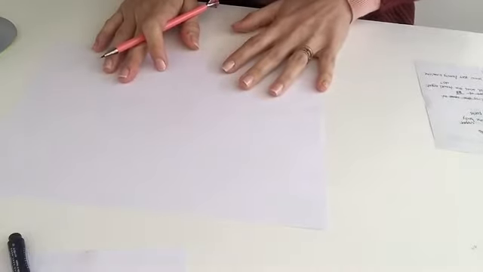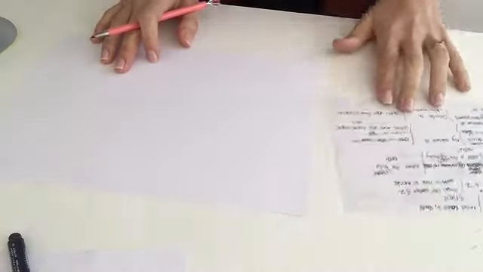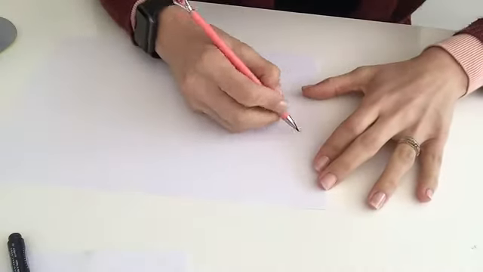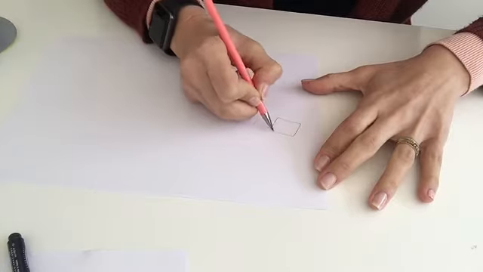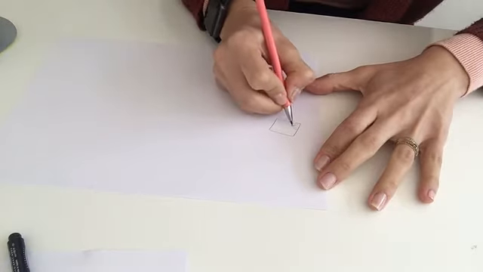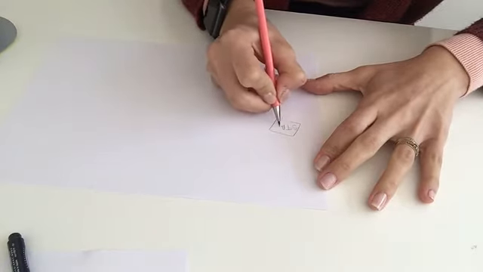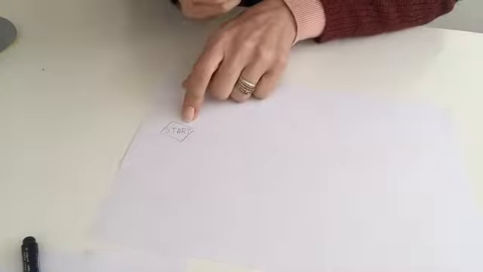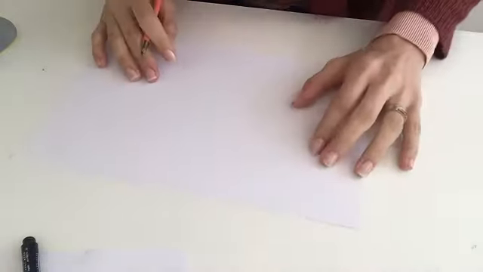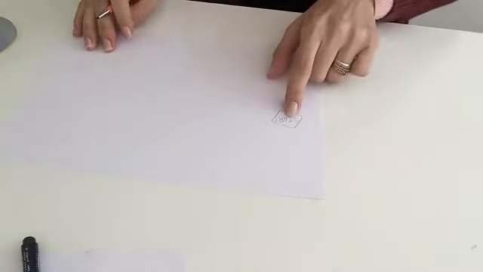Okay, so here I have my page and the questions. Great. So here is the start. I want to start here, and I will write start. Can you see that? Start. Great. So let's go.